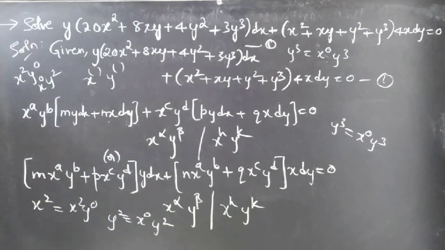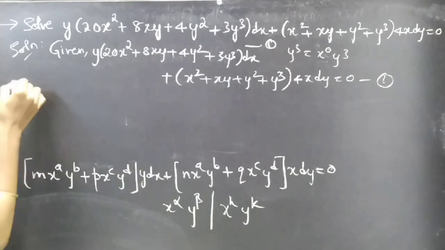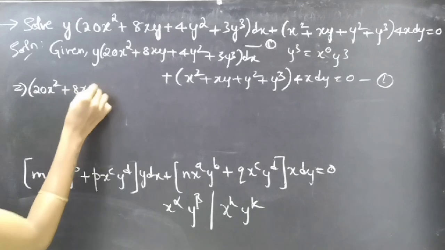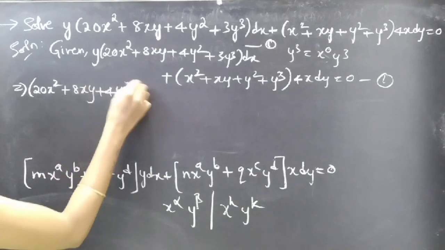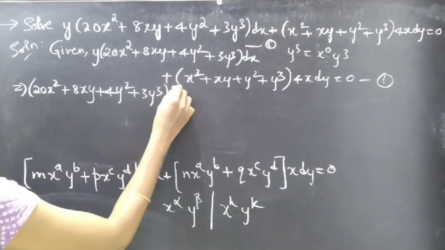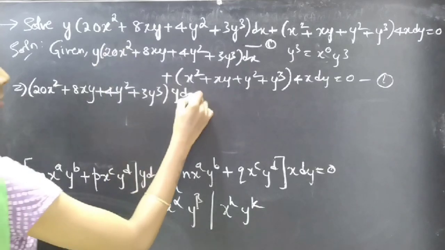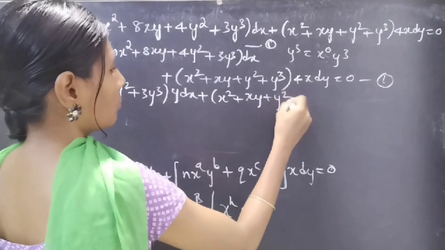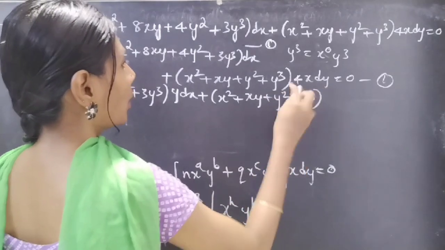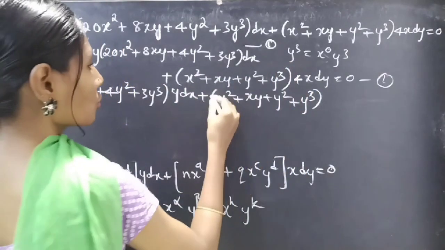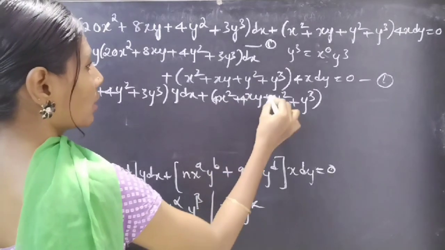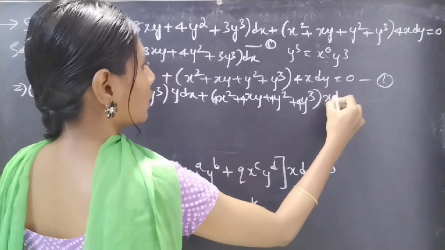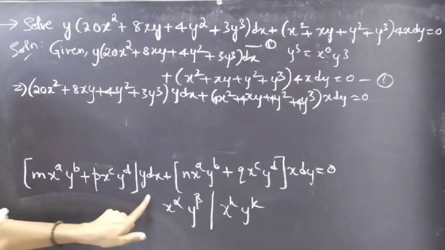Okay, we can write the given equation as (20x² + 8xy + 4y² + 3y³) y dx + (x² + xy + y² + y³) times, you need to multiply all the terms with this 4, so you'll get (4x² + 4xy + 4y² + 4y³) x dy = 0, which is of this form, right?